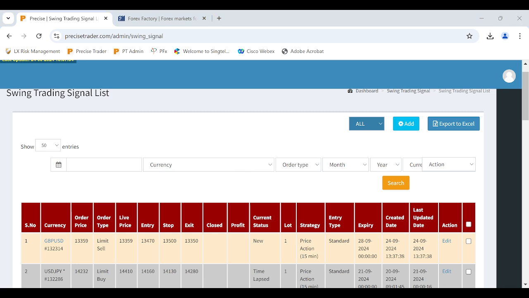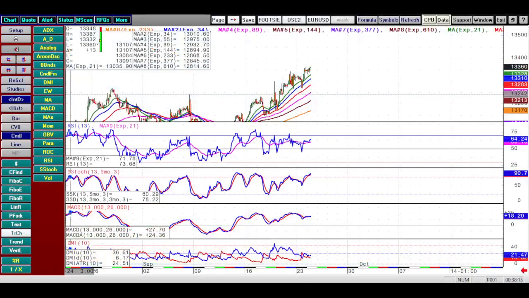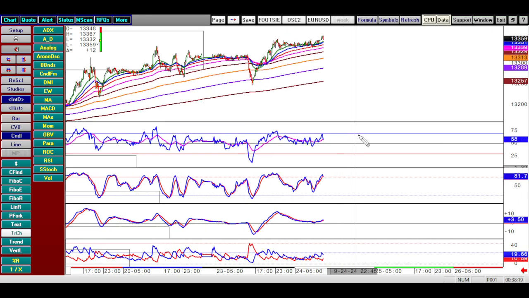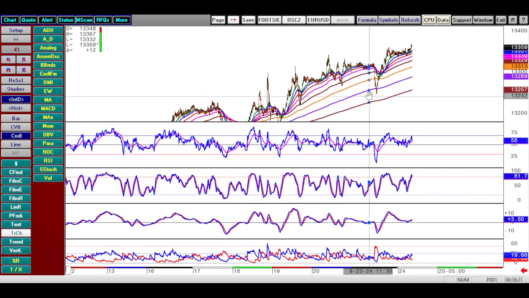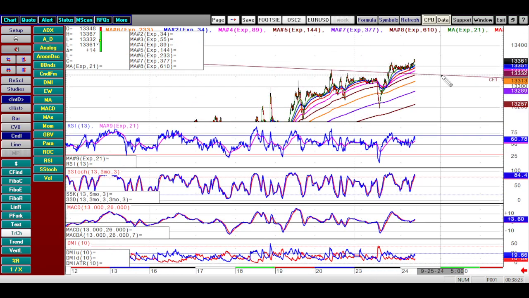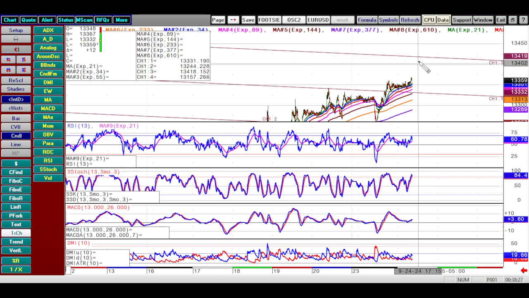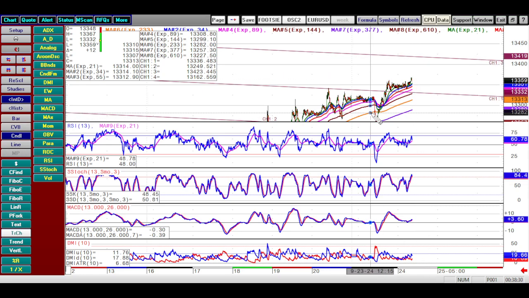So as far as this day trading is concerned, let me go back to the chart again. Okay, 3420. 3420 is where we want to give a shot.